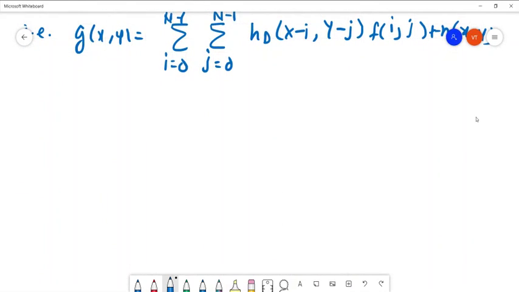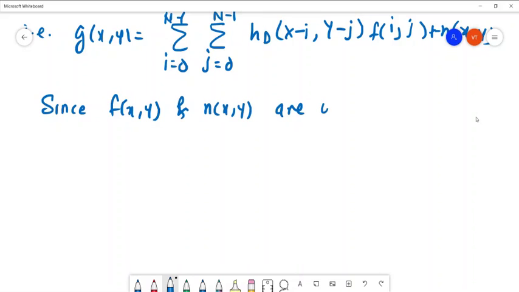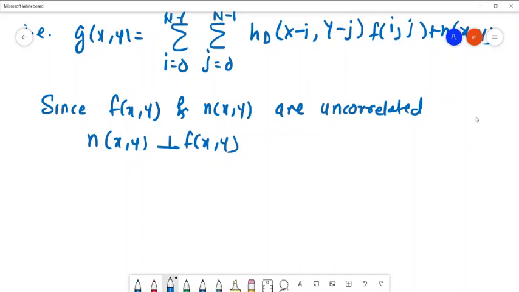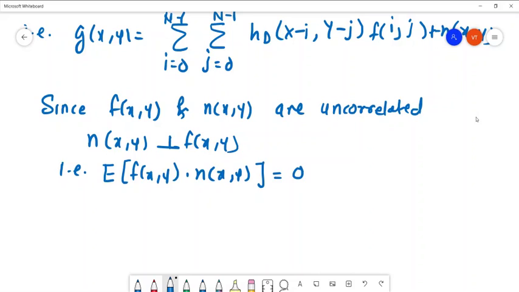Okay, since f(x,y) and n(x,y) are uncorrelated, n(x,y) is orthogonal to f(x,y), that is, this condition is true: f(x,y) dot n(x,y) equal to 0 for all x, y, i and j.